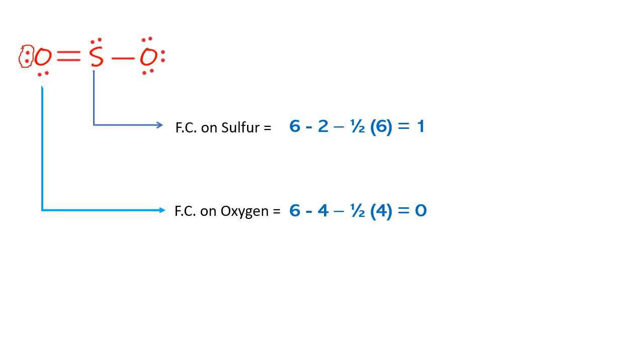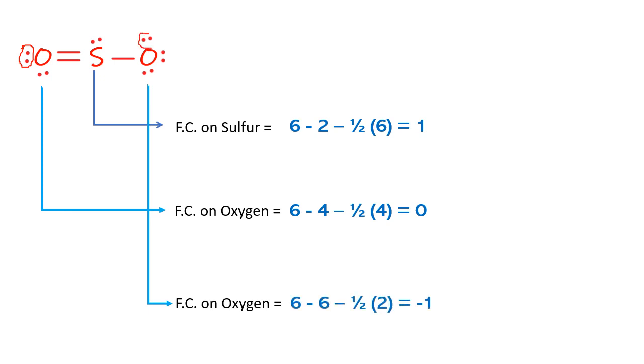Now we use this other oxygen atom. Now oxygen, how many valence electrons? 6, minus how many lone pair electrons? 2 plus 2 plus 2, 6. So minus 6, minus 1 by 2, this is in the formula, and how many bonded electrons? 2.